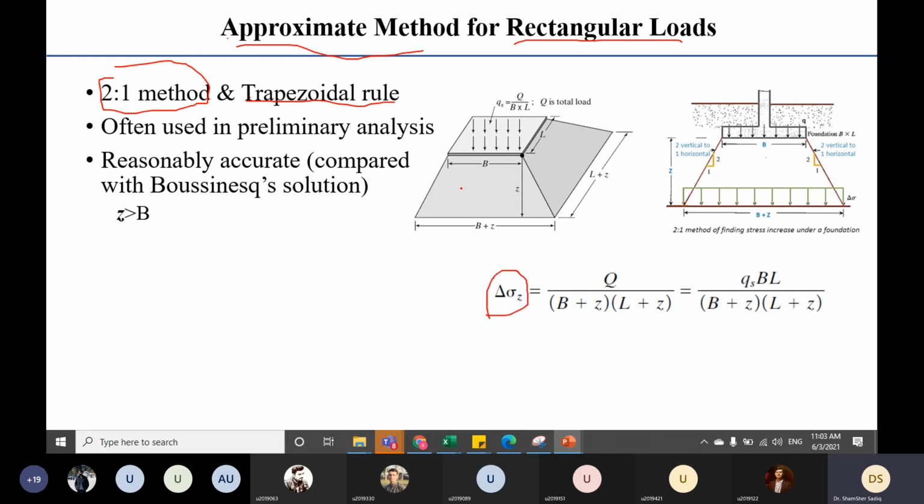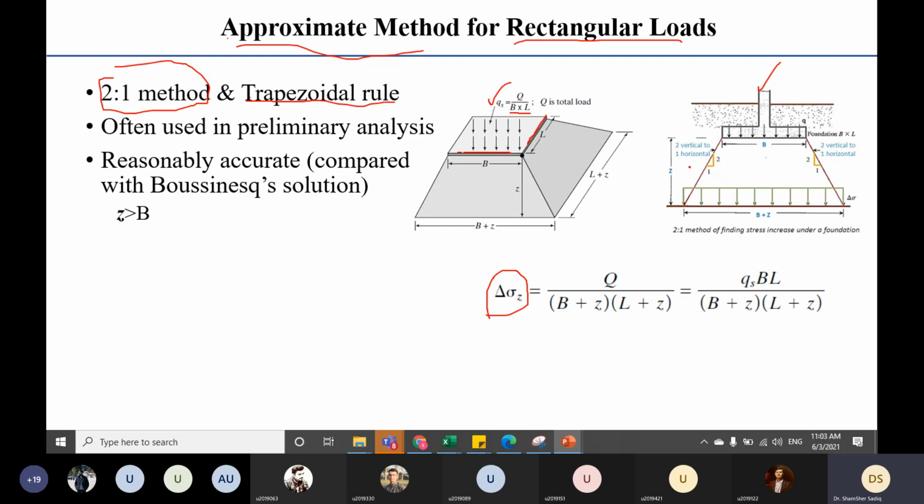It is very quick. If this is the rectangular loaded footing, the footing has width B and length L, and the load is uniformly applied. If you divide it by the area of the footing, you convert it into stress.